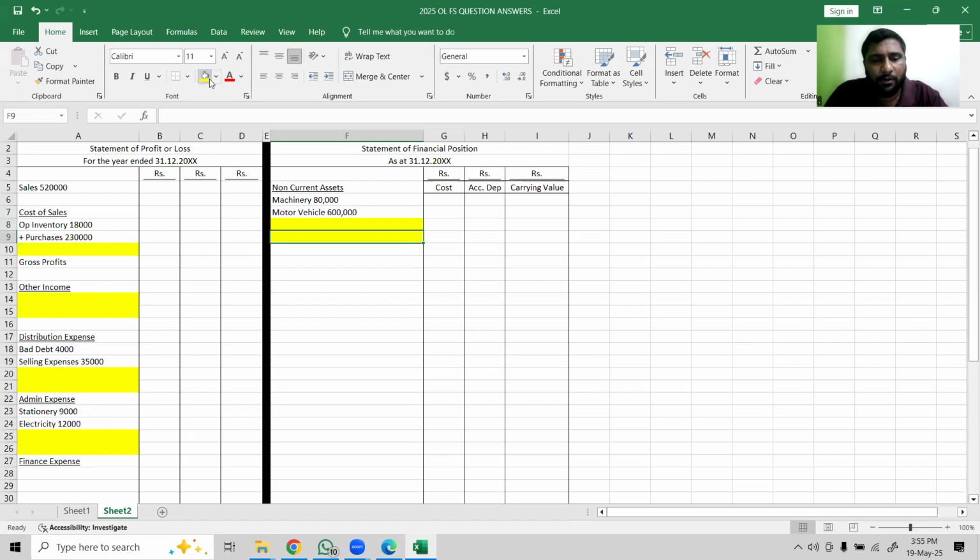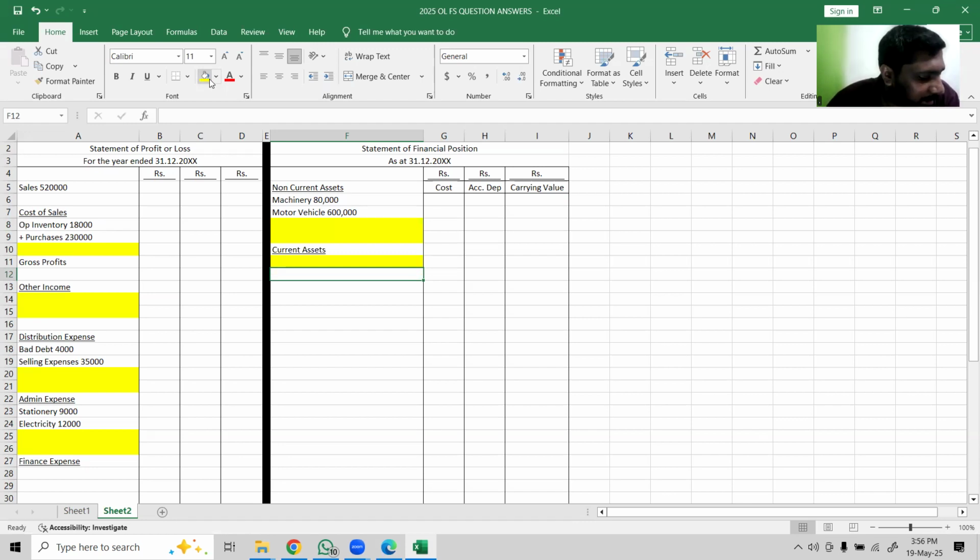We'll leave 2 lines and we'll go to the current assets. In the current assets, the first line is always reserved for one item. Last week also I told you, that's the closing inventory.